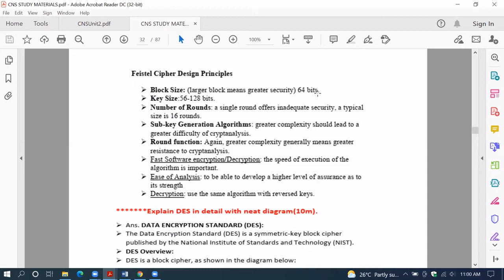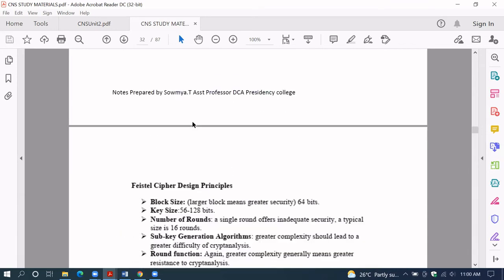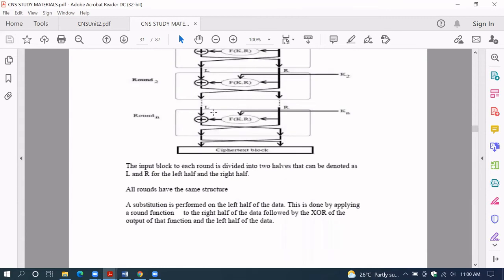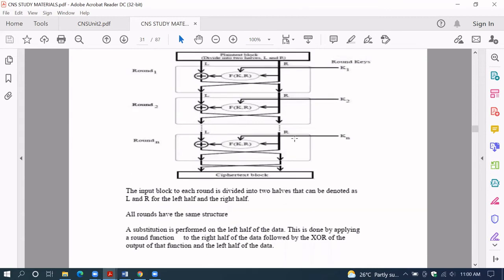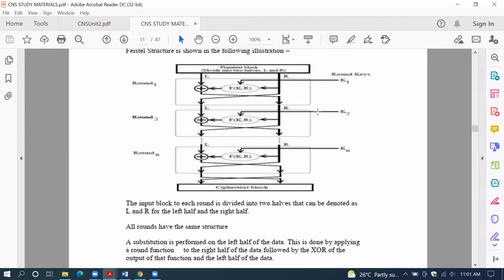And the number of rounds, most of the time, will be 16 rounds depending on the structure. And you have a subkey generation algorithm and a round function here. So this is the main topic which you have to understand with respect to Feistel. And this Feistel cipher structure is implemented in the next topic, that is the DES, Data Encryption Standard algorithm.